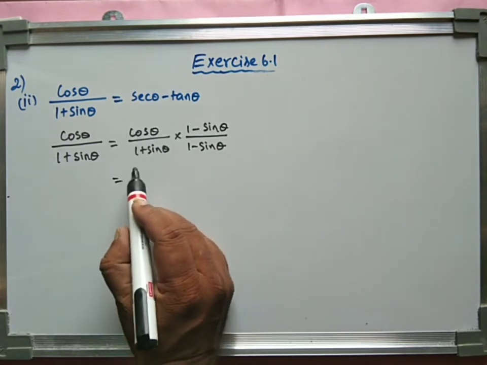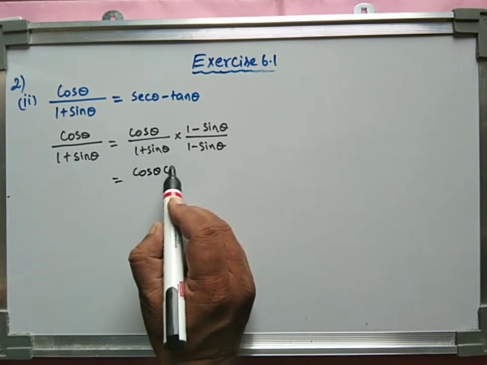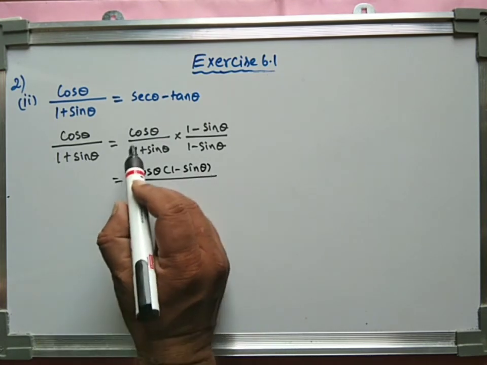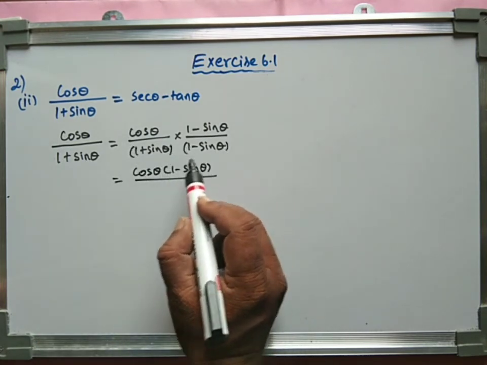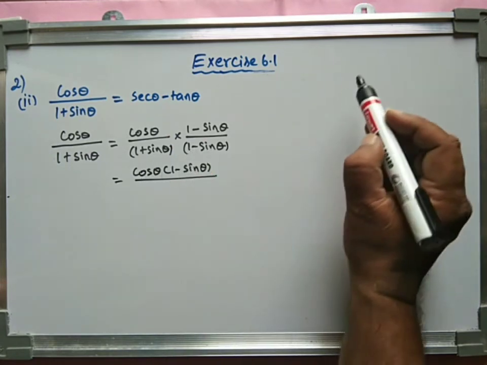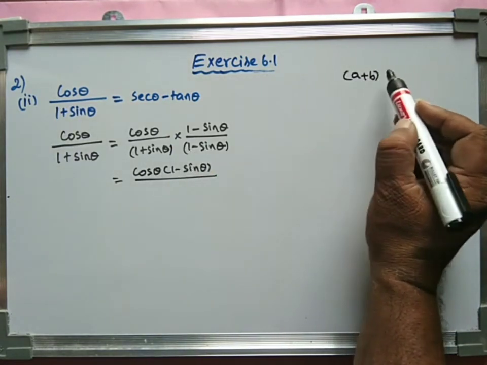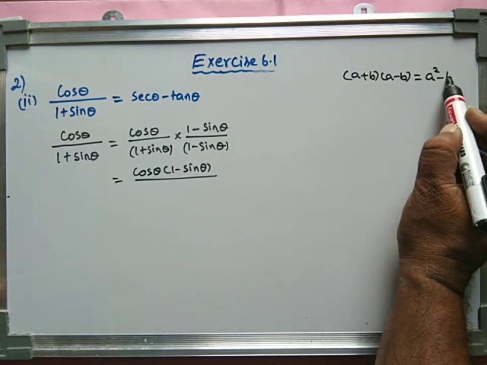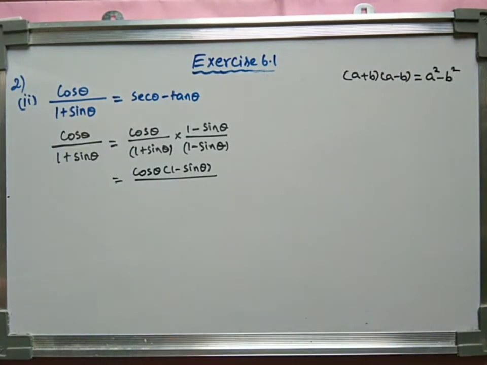Now in numerator we get cos theta into 1 minus sin theta, and in denominator you see we have 1 plus sin theta into 1 minus sin theta, which is in the form of a plus b into a minus b, whose product is a square minus b square.